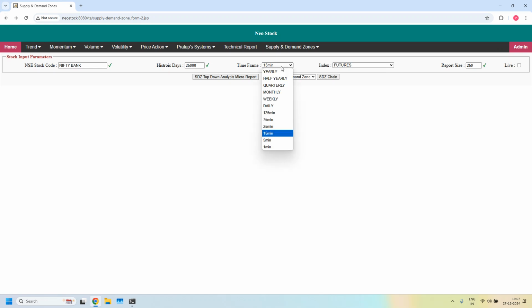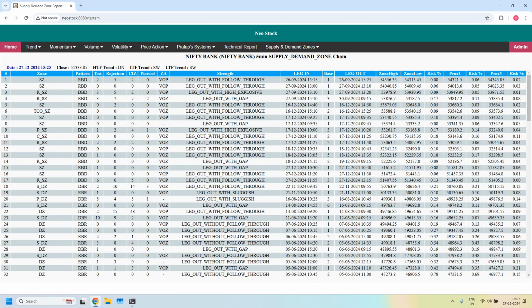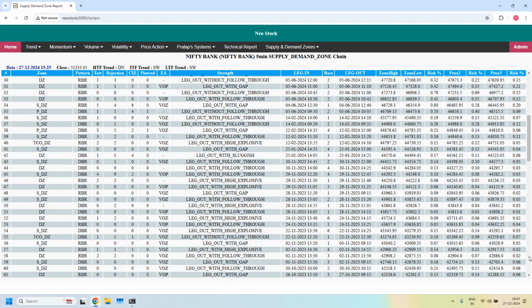Next, 5 minutes supply demand zone chain for Bank Nifty. So this is about Bank Nifty supply demand zone chain. If you want more demand zones, I can scroll the list down. Okay. So this is about Bank Nifty supply demand zone chain.